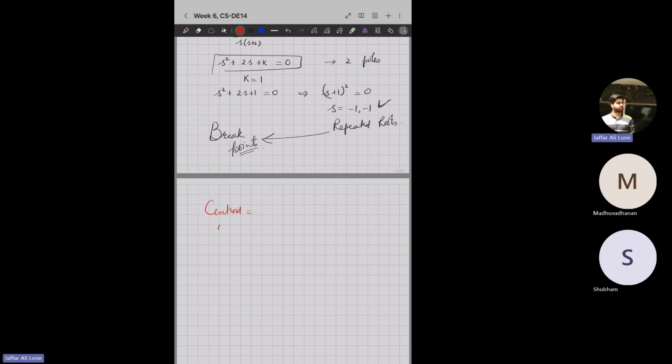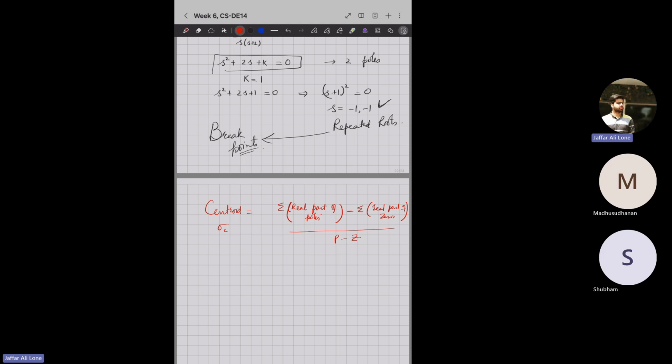This centroid is given by sigma c. It is equal to the summation of real part of poles minus the summation of real part of zeros divided by p minus z.